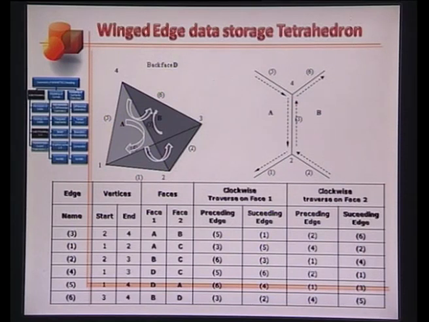So this table here, which is based on the winged edge data structure, stores pretty much the entire topological connectivity that includes the face information as well. What is left now is to store the geometry of the tetrahedron. We can use a few more tables for that.